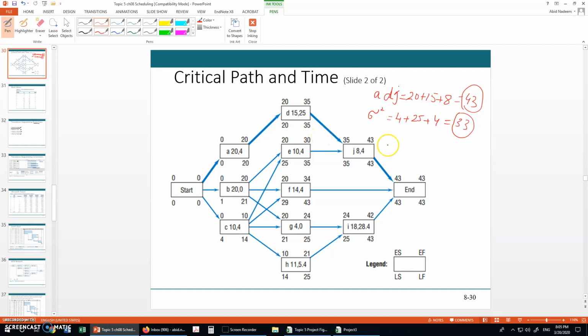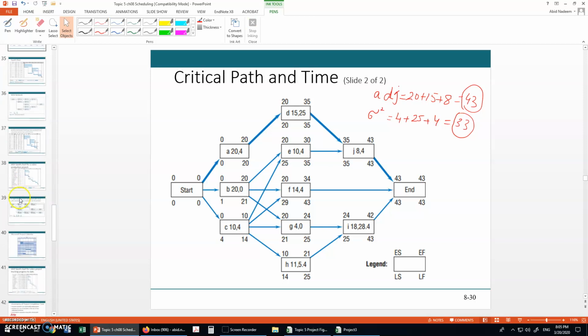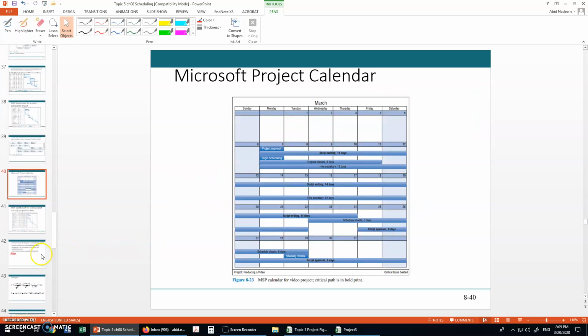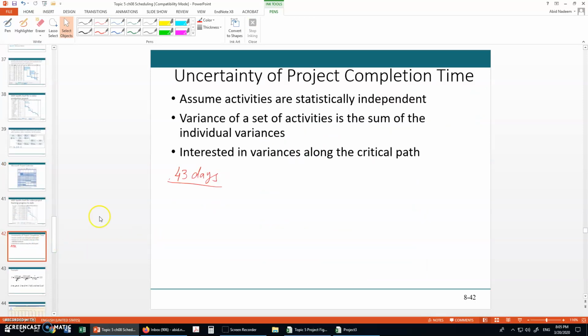Now we are applying the PERT method. So 43 days, and the sum of the variances, sigma squared, is 33.